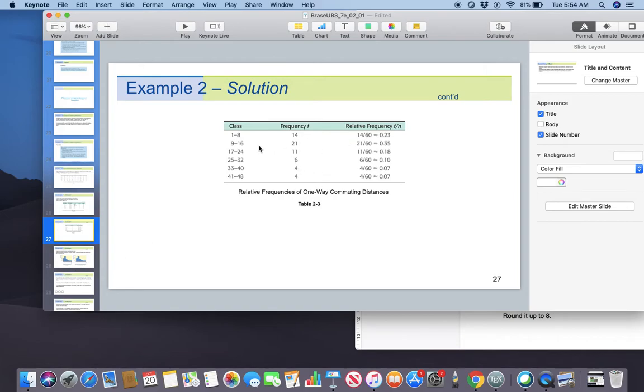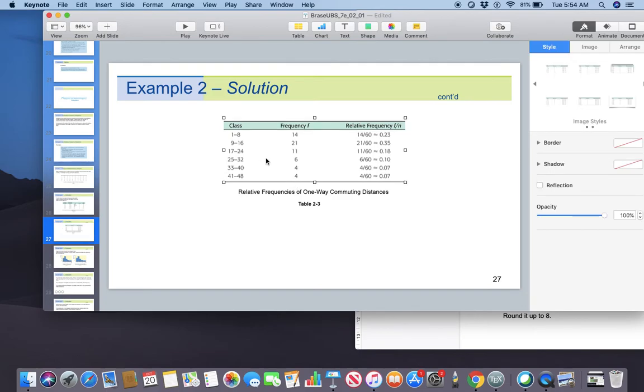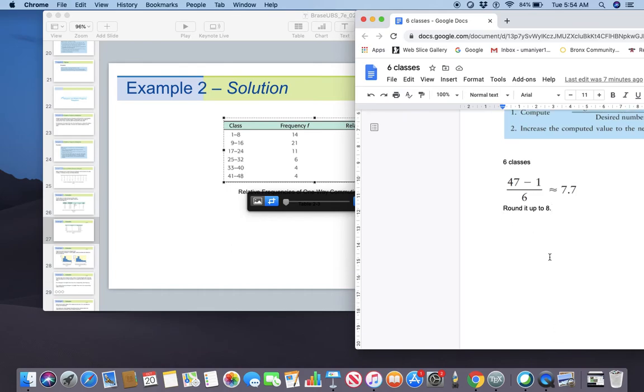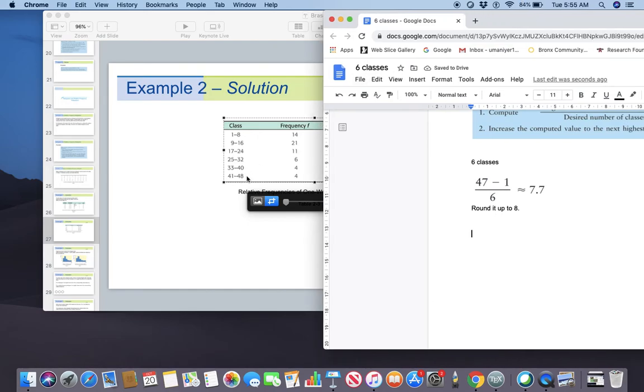Now you're going to graph all of this. So let me keep this information available so you can see what we are graphing. I'm unable to.